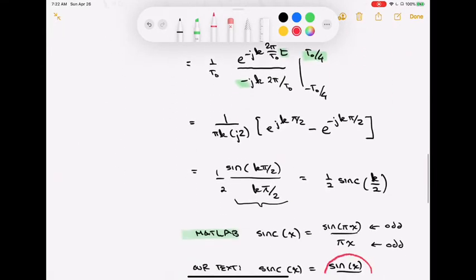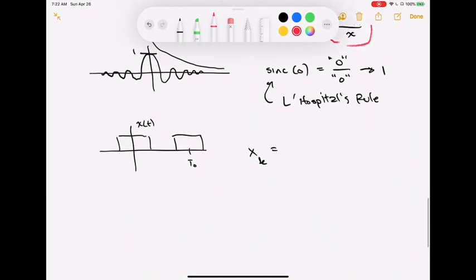So it turns out in this case, I could leave the separate lines in there. I could write a 1/2 for k equaling 0, and a 1/2 sinc of k by 2 for k not equaling 0.